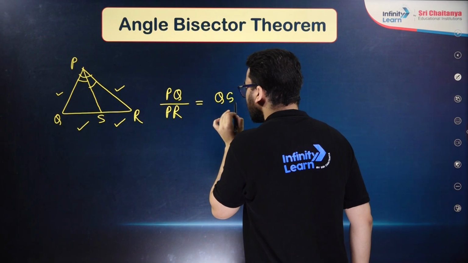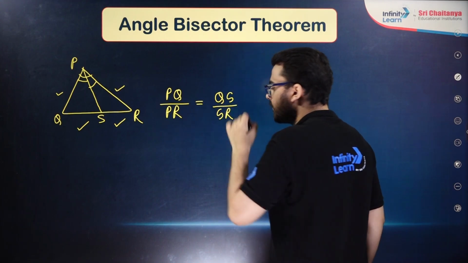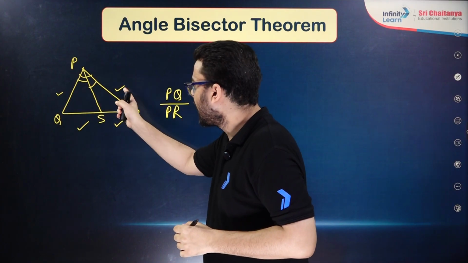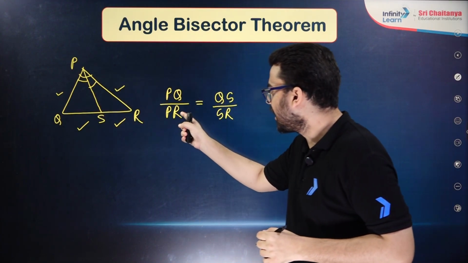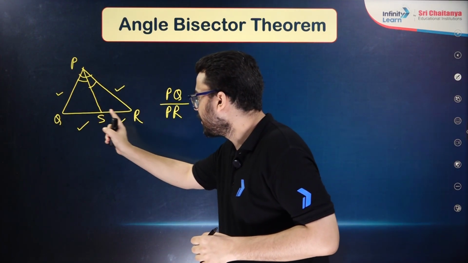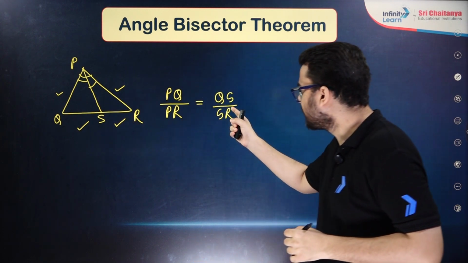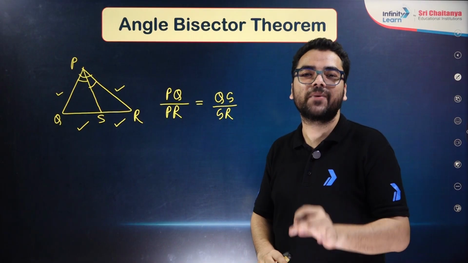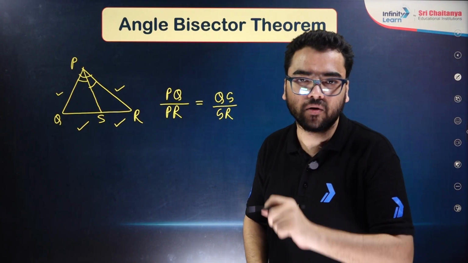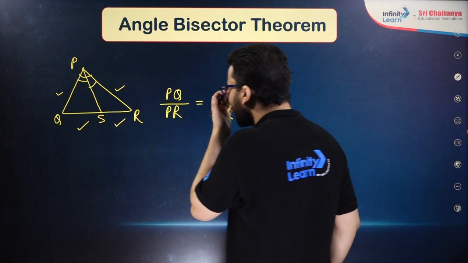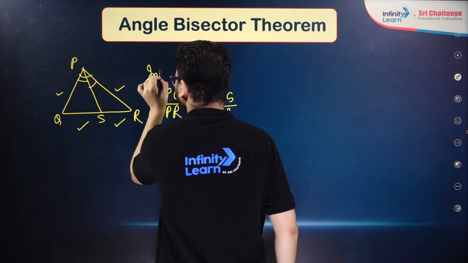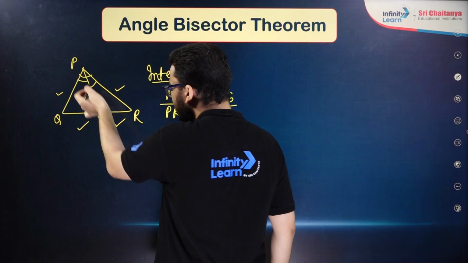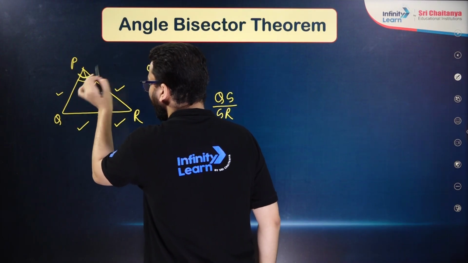It means QS upon SR. Again, the ratio of sides including the angle bisector, PQ upon PR, is equal to the ratio in which the opposite side is divided by the angle bisector. So this is the direct statement of the angle bisector theorem, and this is basically the internal angle bisector theorem, because this is the bisector of internal angle P.